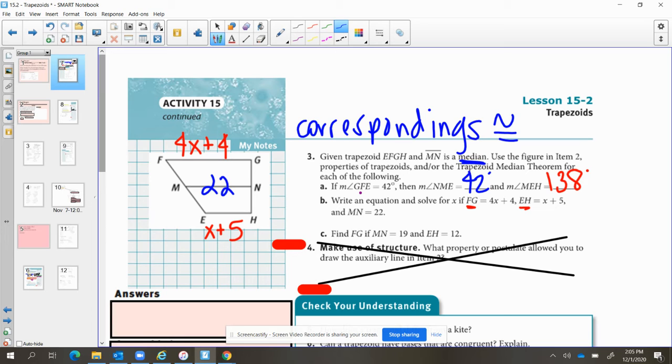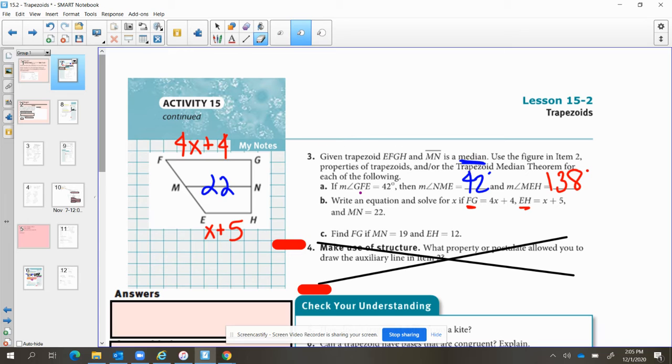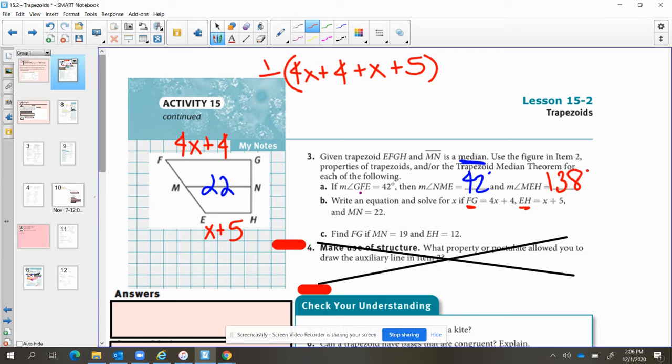If you remember from the previous page, to solve for the mid-segment we have to add up our two bases and divide that value by 2, aka multiply it by 1/2. Those two values added together and divided by 2, aka the average, equal our median.